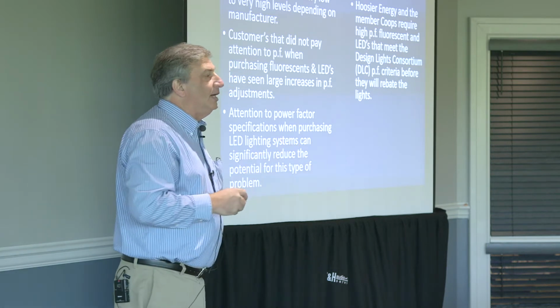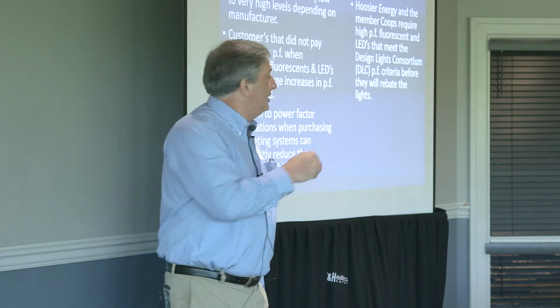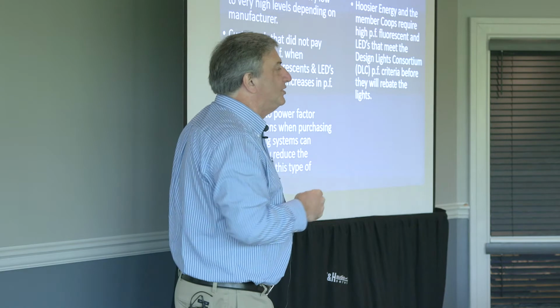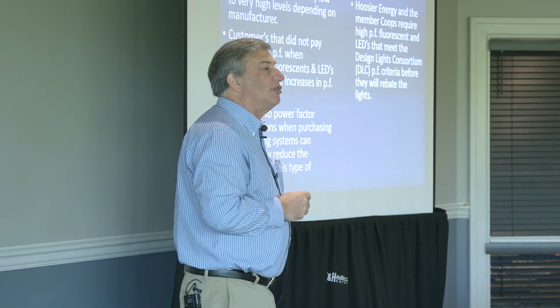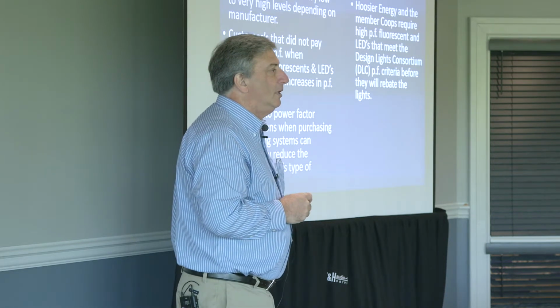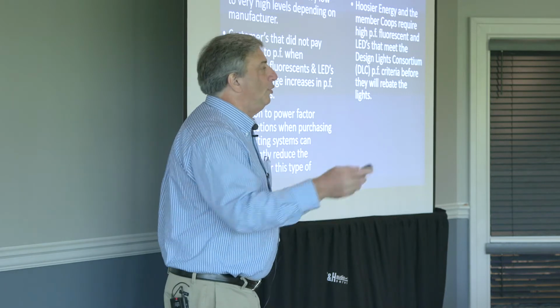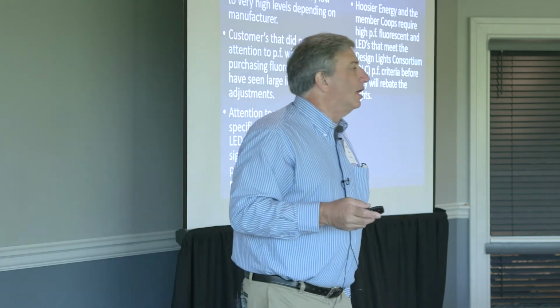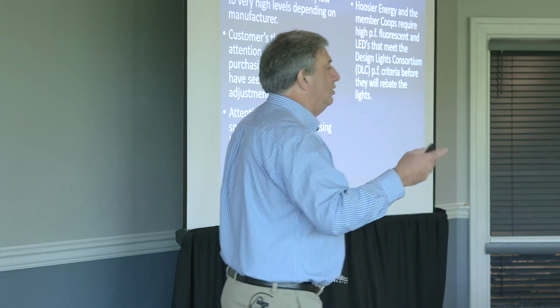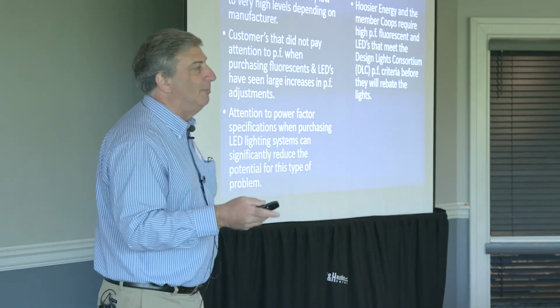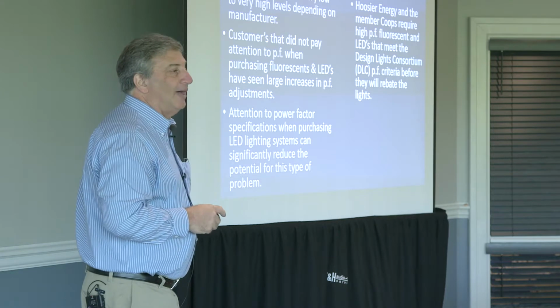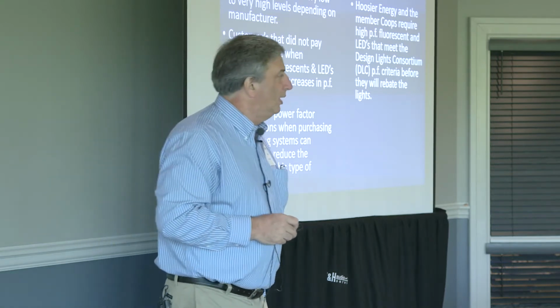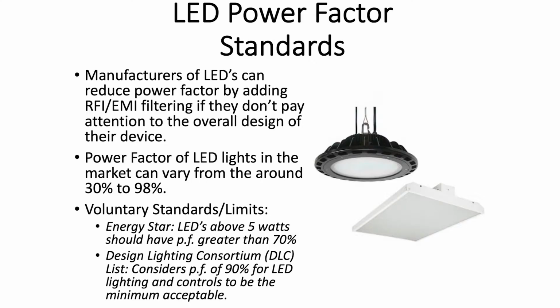The DLC criteria says to be listed on their list, the power factor has to be 90% or above. So Hoosier will only rebate DLC listed lights. So you're pretty sure if you did a rebate project and Hoosier paid a rebate or the co-op paid a rebate, you've got good stuff, high power factor stuff. Okay? But not all utilities are like that.